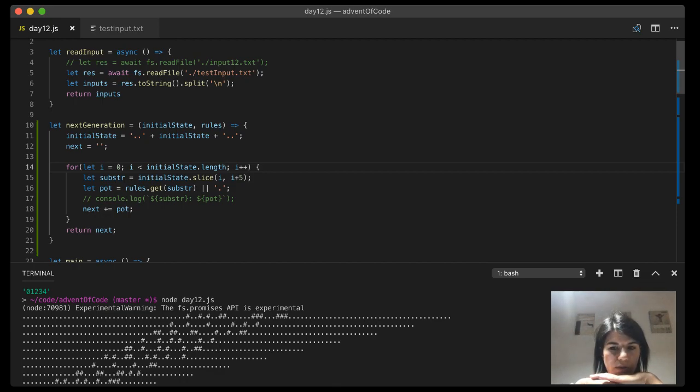Looking back at your solution, you went from i minus 2 to i plus 3. But how do I do that? For the current part, you want to check the previous 2 and the next 2. But if I don't have them, then I have to add on some more stuff.